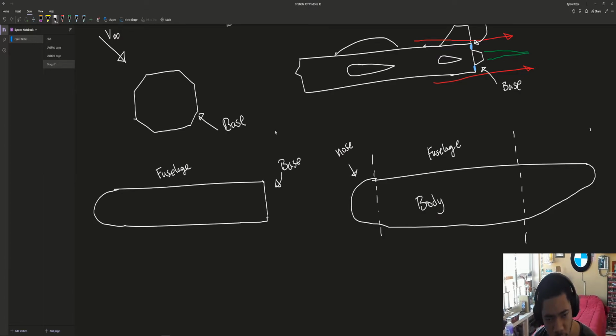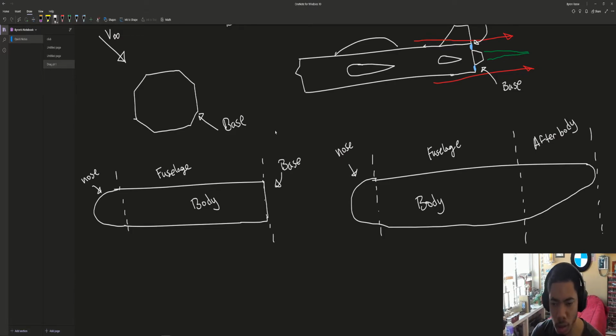And this section right here is what's called the afterbody. And the afterbody essentially adds more body line so that you don't have a base. And what it attempts to do is bring the body to a close.